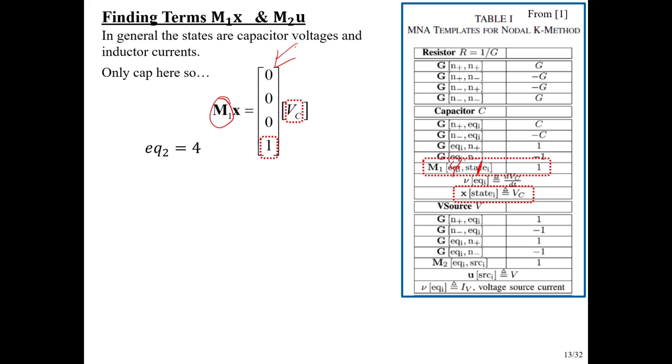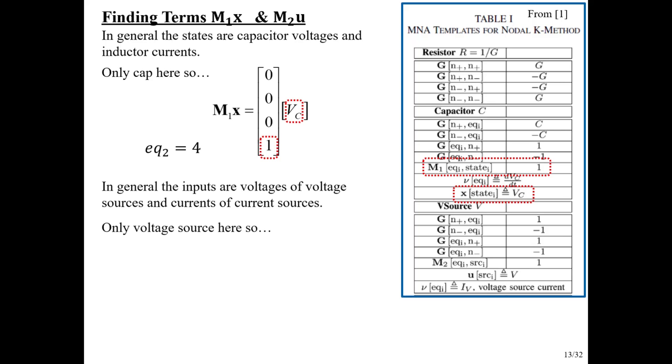This is a one-dimensional or a first-order system. So ordinarily, this is a vector. I'm just showing it as a scalar. But let's look at that. X state is equal to the voltage across the capacitor. So I've labeled that. Now I could have written that in as V2, right? Because VC is V2 in our circuit, but it's a good idea to just leave it explicitly as VC and then figure out how to deal with that later.